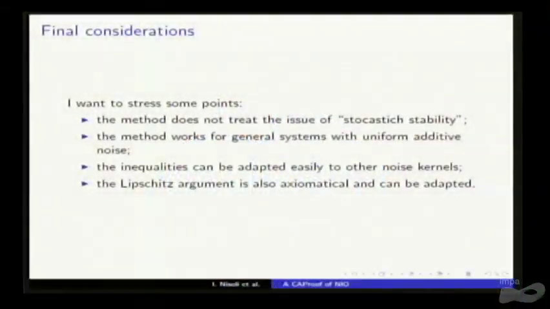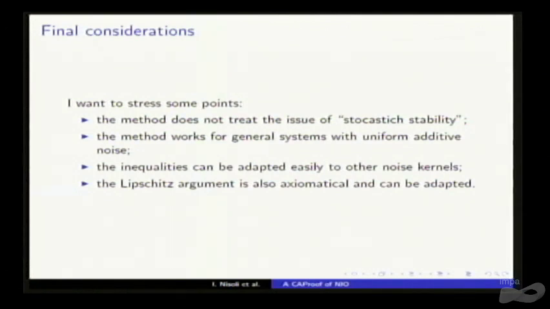You could use that for any system with additive noise, and everything can be adapted to other noise kernels. And also the Lipschitz argument that permits us to prove that the Lyapunov exponent is Lipschitz is axiomatic. So there are no problems in adapting that to other maps.